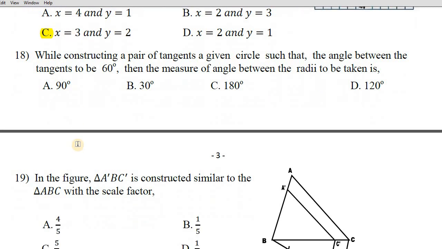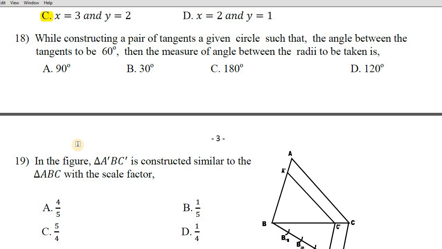Next, let us see the another question, children. Question number 18. While constructing a pair of tangents to a given circle such that the angle between the tangents to be 60 degree, then the measure of angle between radii is. In every district model question paper, this kind of problem is repeated.